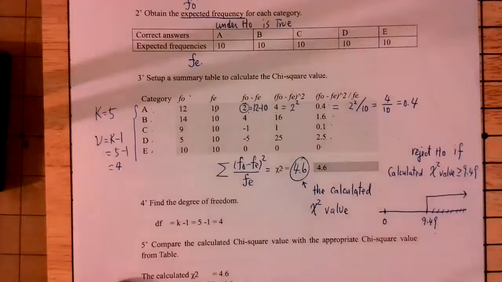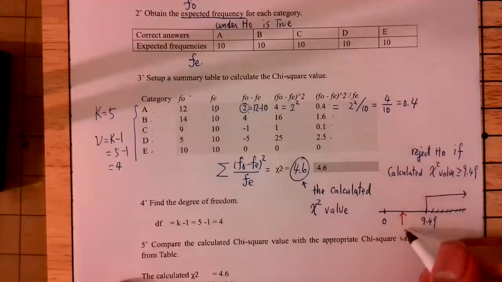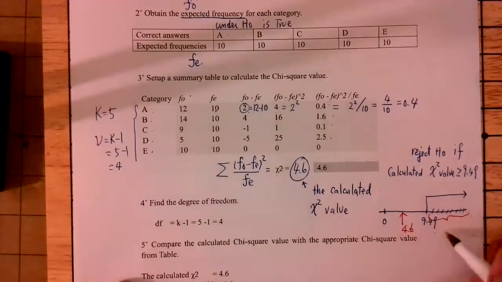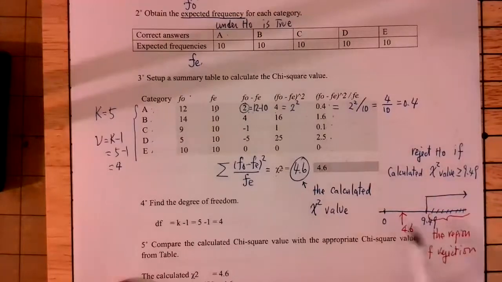In our case, the calculated chi-square value is only 4.6. This region is called the region of rejection, and our calculated chi-square value is only 4.6.